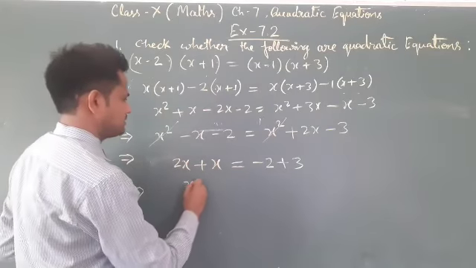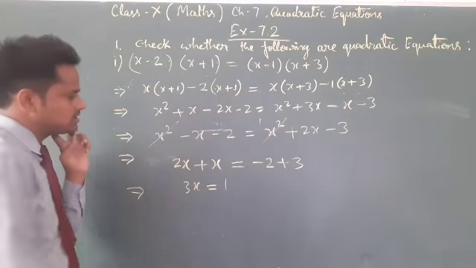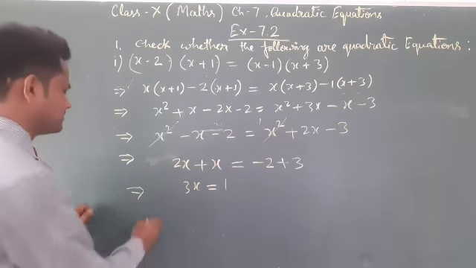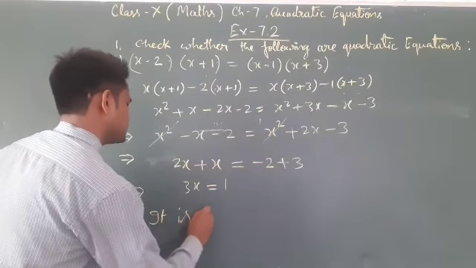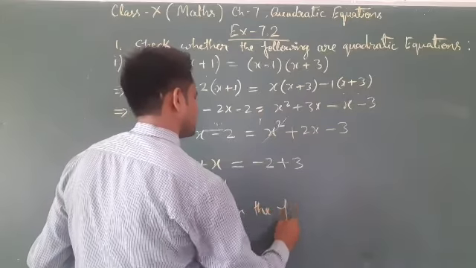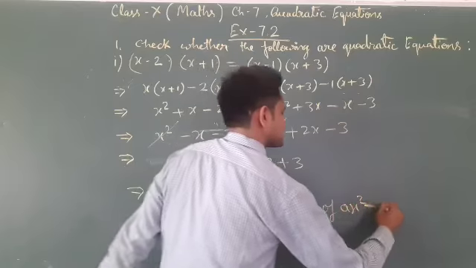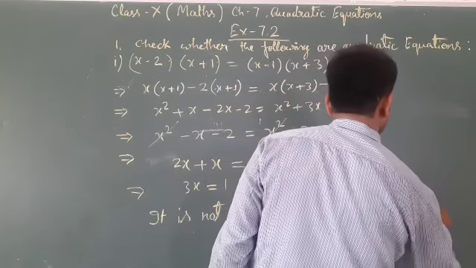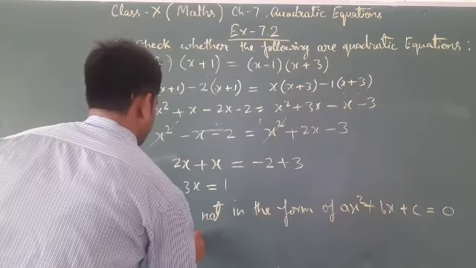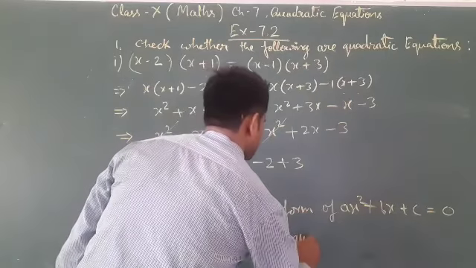Then 3x = 1. So this equation is a linear equation. It is not in the form of ax² + bx + c = 0. That's why it is not a quadratic equation.